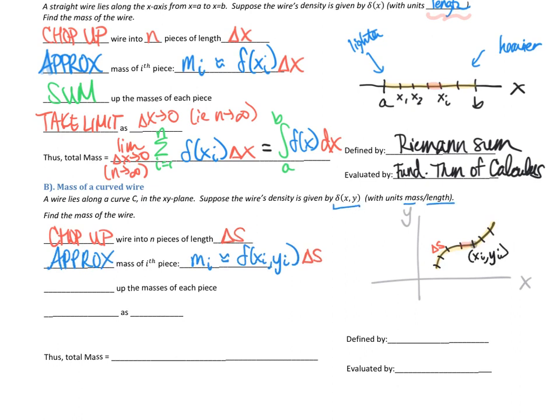ultimately at the end of the day, I'm going to consider this wire to be what I call a one-dimensional object sitting in two-dimensional space. And the way I'm determining the dimension of an object is how many parameters you would need to describe where you are on the object. I could parameterize this curve all in terms of s, or even in terms of t if I wanted to.